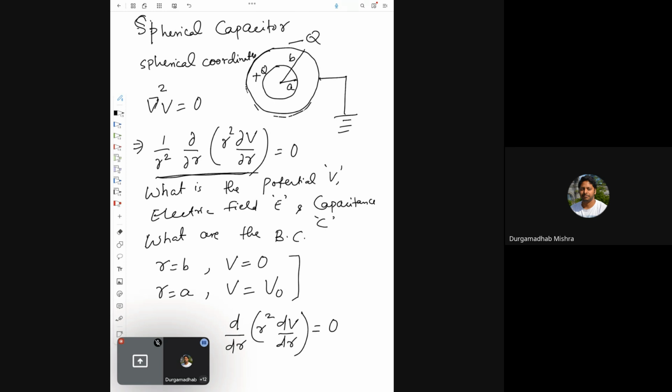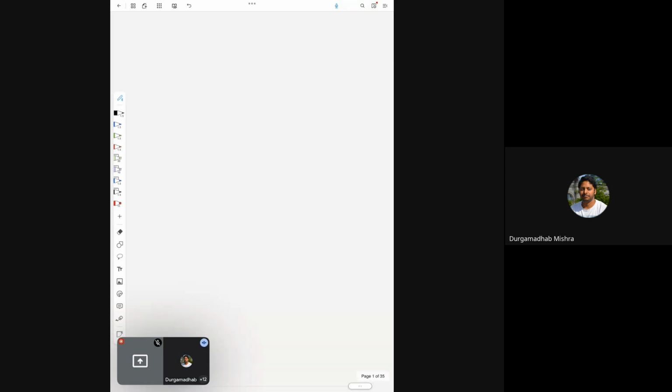That means this term has to be a constant, because the derivative of a constant is 0. So I can write down r square dV by dr is a constant A.